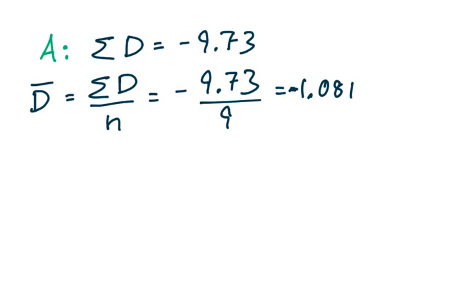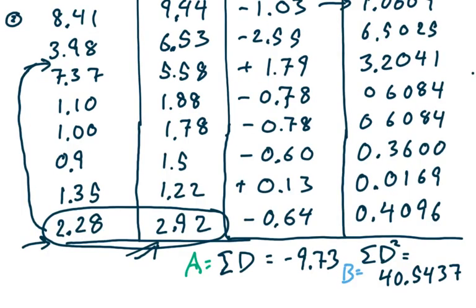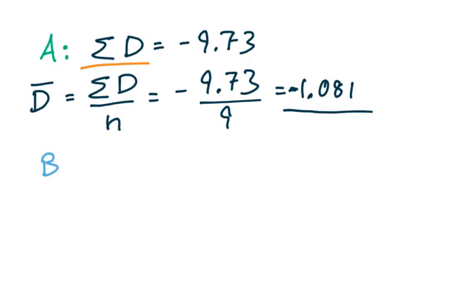So yes, we had column A, and that represented the sum of the differences, so that's sigma of D, and that was negative 9.73. So we had an average increase of $1.081 billion. And then we're going to go ahead and use B. I'm going to flip back and see what that was, 40.5437.